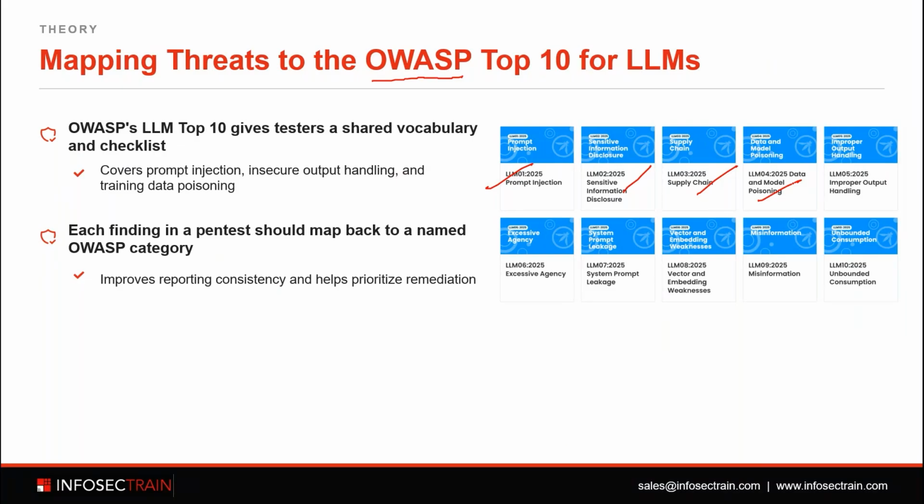Data and model poisoning. So malicious data corrupts the training or embeddings, like a poisoned database causes insecure recommendations. So if there is a chatbot for users to give their symptoms and their prescription, and then the model will tell what kind of fever it is, or what kind of medicines you have to take.